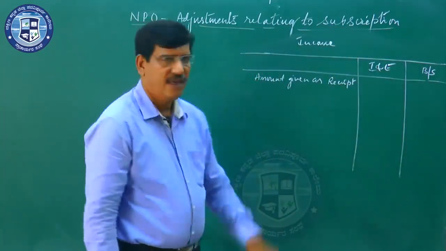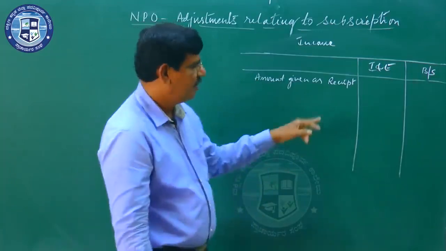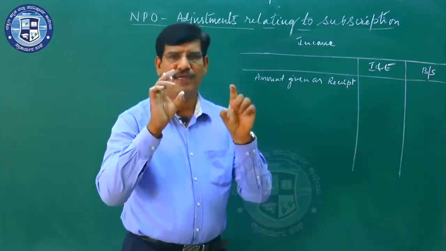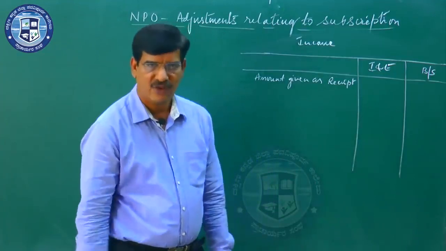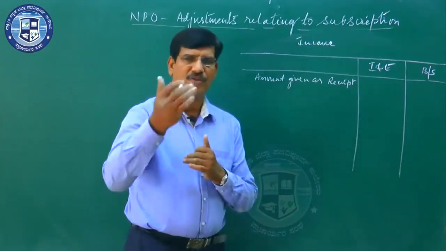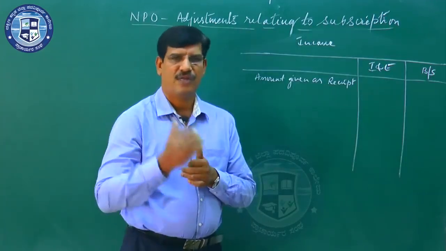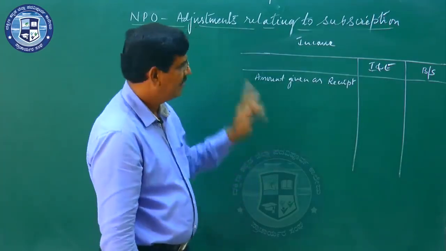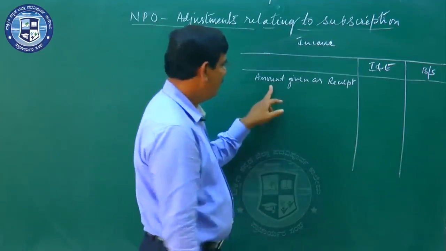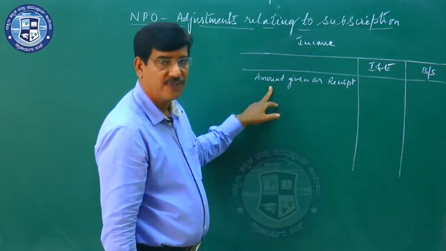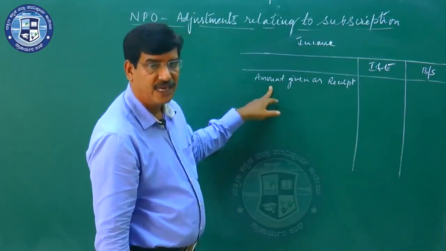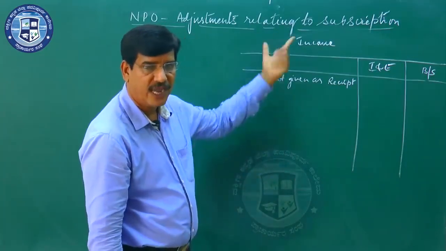See, in a particular year, when you look at the receipts and payments account, you will find an item called subscription. As you know, subscription is the amount received from a member every year. So it is recurring in nature, it's entered in receipts and payments account.